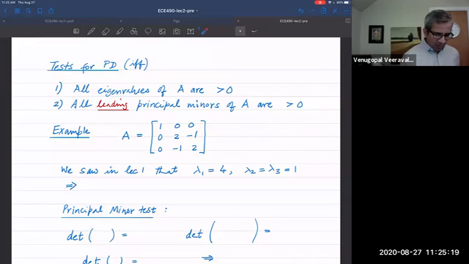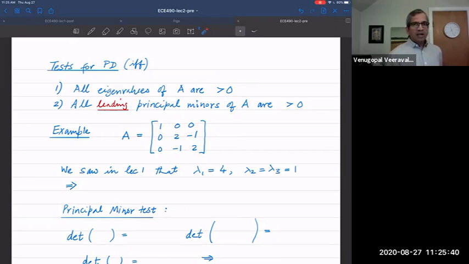Or I could delete more than one, so I could delete some subset of rows and columns with the same index. So I could say, for example, delete the first row and the second row and the first column and second column, and then I'm left with just this 2 as a possible principal minor.